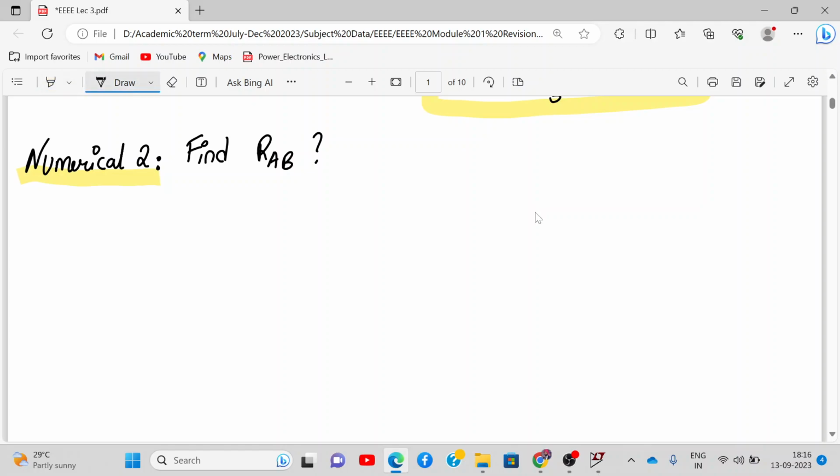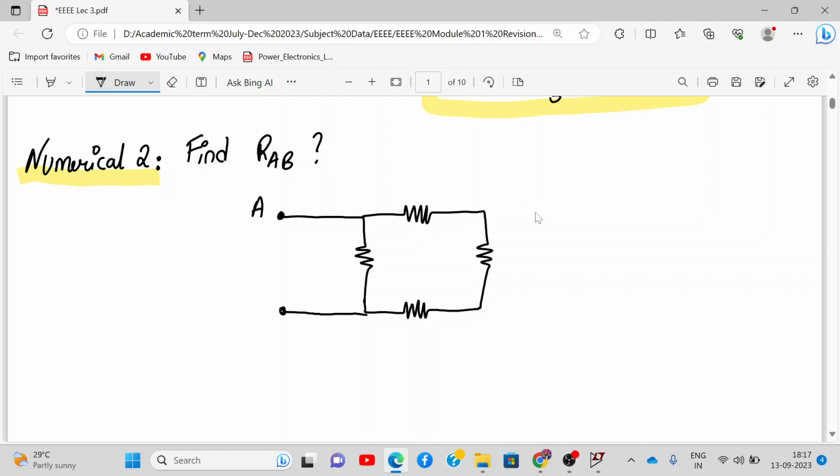Okay, numerical number 2. Now let me draw the circuit. So circuit is as follows. So we have this resistor. All this bunch of resistors are connected in a square like this, and here. So these are point A and B. These resistances are 8 ohm, 6 ohm, 10 ohm, and 12 ohm.